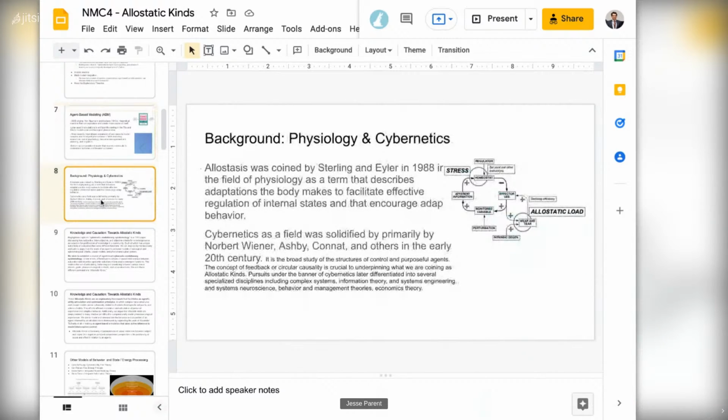As far as physiology and cybernetics, these go back some time. Allostasis is a few decades old now, and allostatic load is a very important concept. Cybernetics goes back much further. There's the good regulator theorem, Ashby and Conant. We're looking to bring these things around and investigate what we can take from these concepts and play with them a bit.